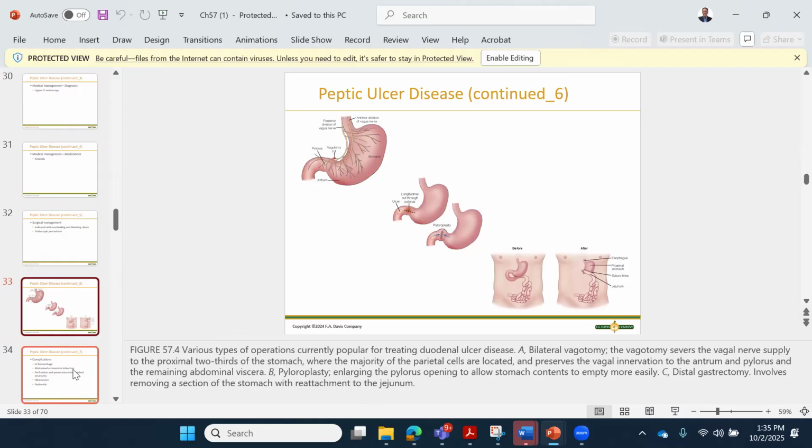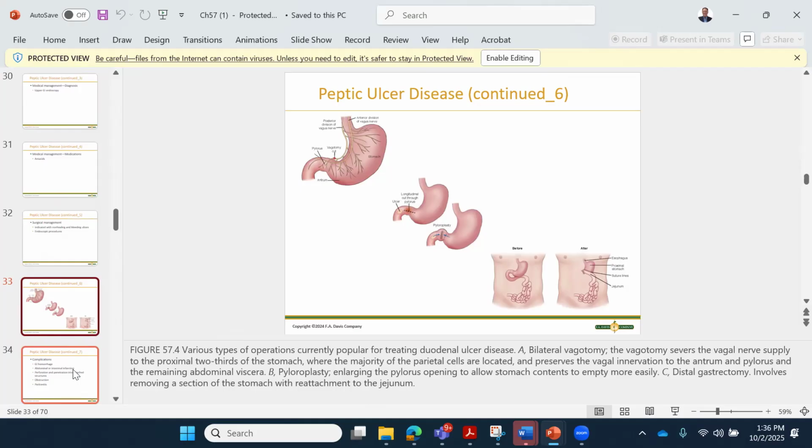I don't want to go into a deep dive, but they mention the different types of procedures like a vagotomy, the pyloroplasty, the gastrectomy, etc. Know that if a person does end up having a gastrectomy, this could cause the inability to absorb certain vitamins, such as vitamin B12, which requires an intrinsic factor.